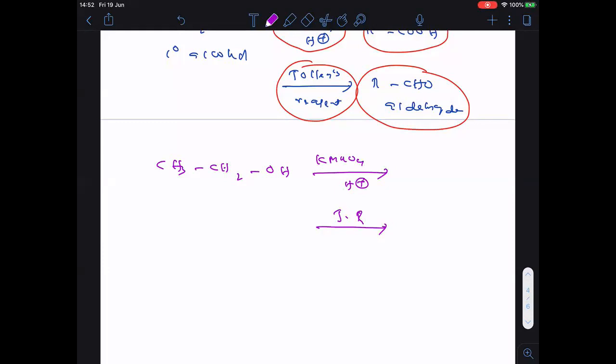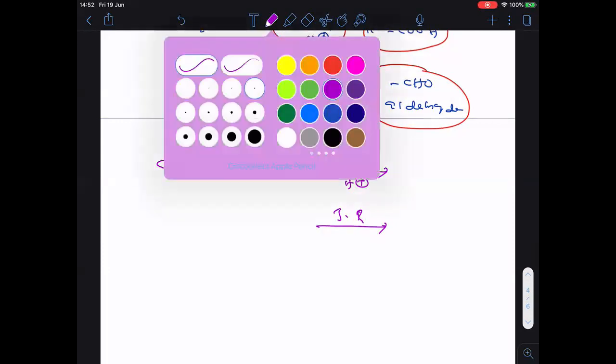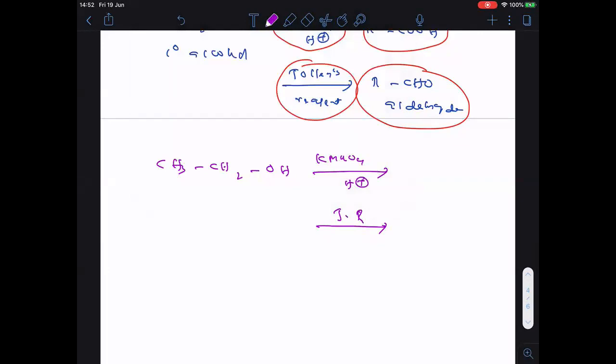So what is the answer in the first case? Tell me. In the first case, the oxidizing agent is strong. Therefore, we will get CH3COOH. In the second case, the oxidizing agent is mild, so we will get the aldehyde. What is the aldehyde that we will get? CH3CHO. What is the name of this aldehyde? Ethanal. Followed everyone?